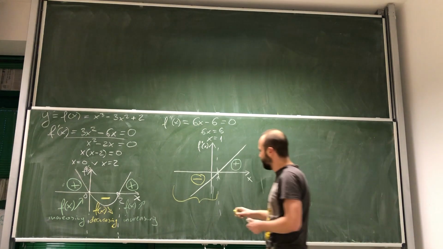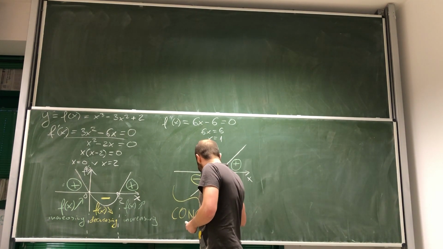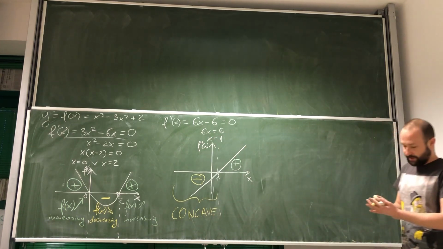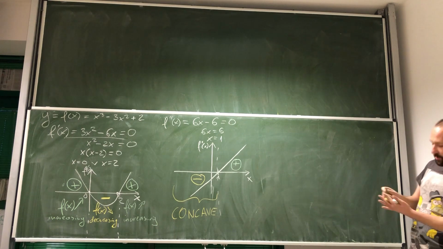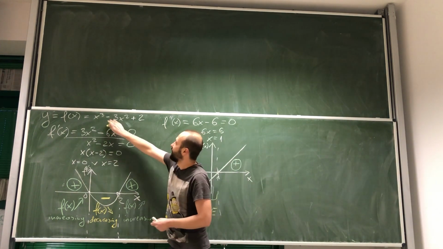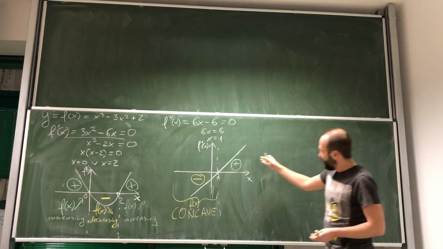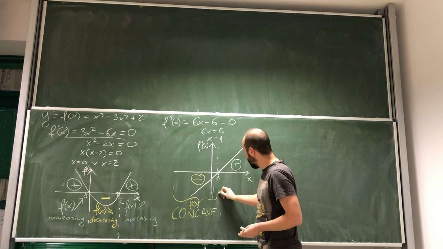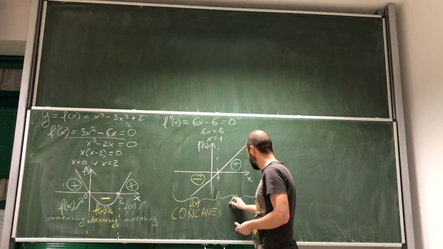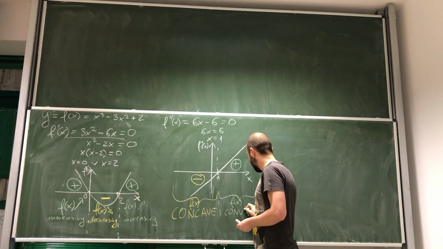Of course, it needs to be concave. Over here, the function has positive acceleration. Of course, remember, this is about the function. We talk about this based on the second derivative. Because the second derivative is positive here, the function must have positive acceleration. So the function must be convex.